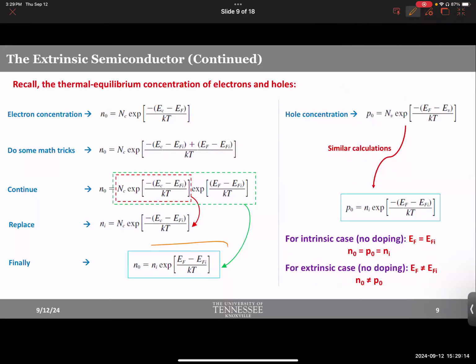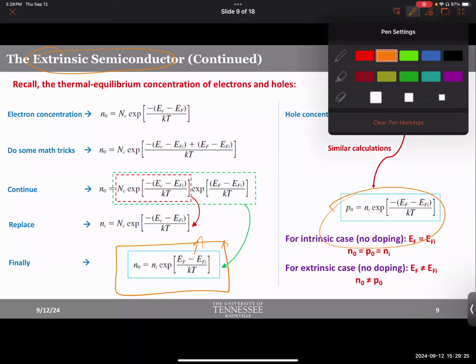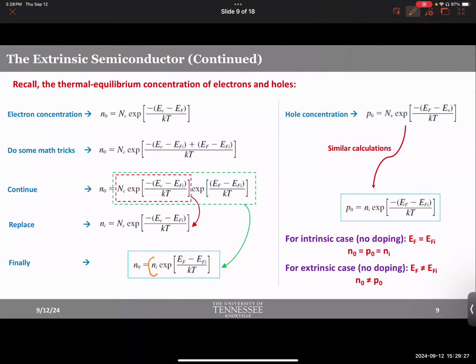One more take-home message that I really want you to focus on. In an extrinsic semiconductor, yes, as you dope it, you get more electrons and more holes, obviously. But you also notice that the intrinsic carrier concentration, Ni, is already there. So if a semiconductor has more intrinsic carriers to begin with, then it will be easier for you to create even more electrons.